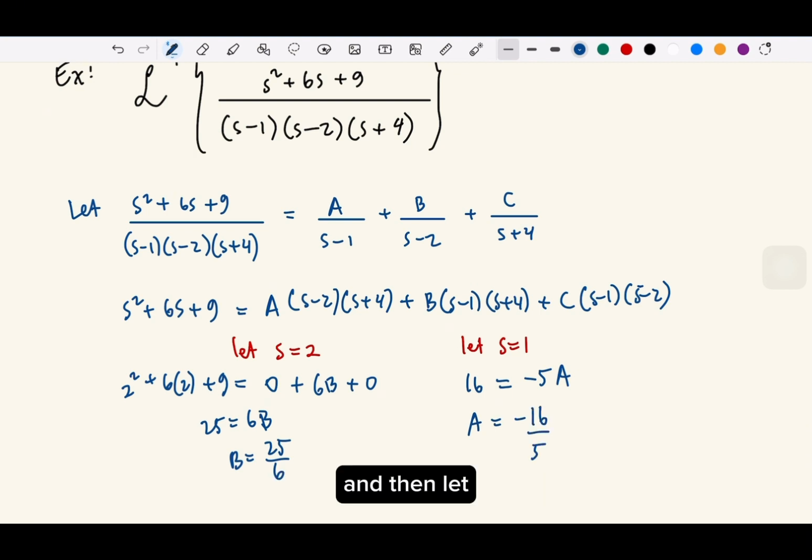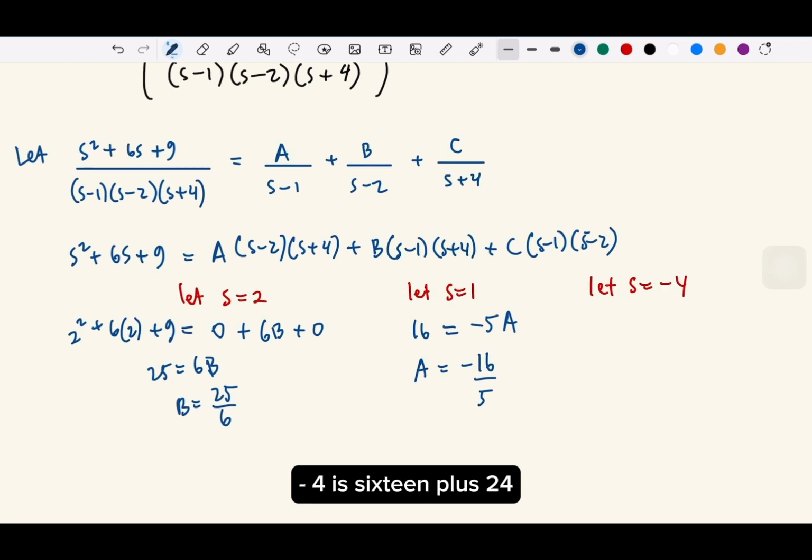And then let s equal negative 4. Negative 4 squared is 16, minus 24, plus 9. So 25 minus 24 is 1.